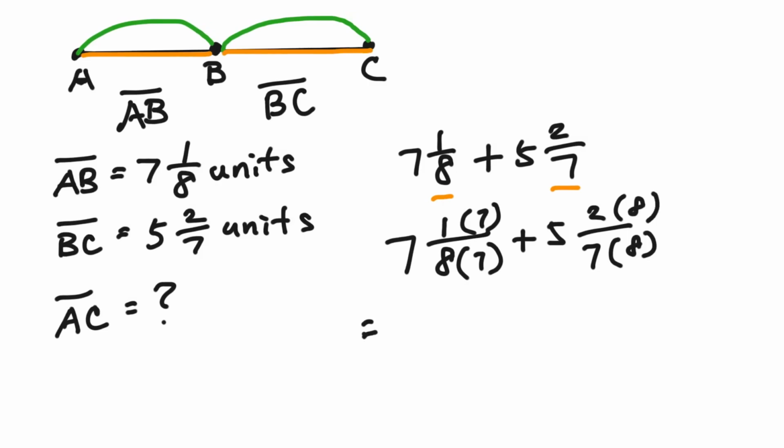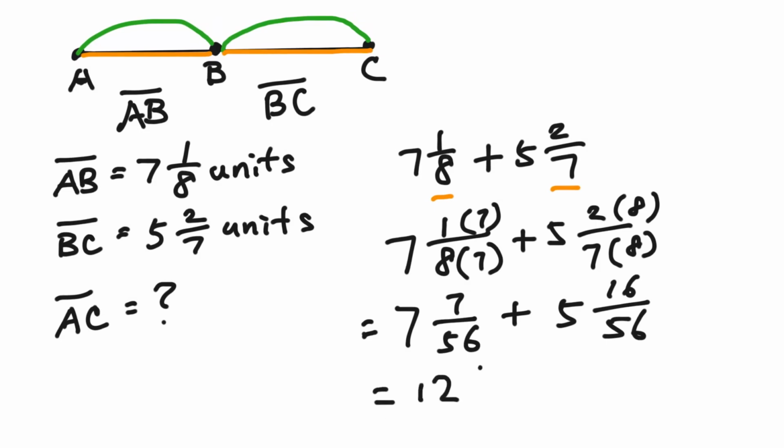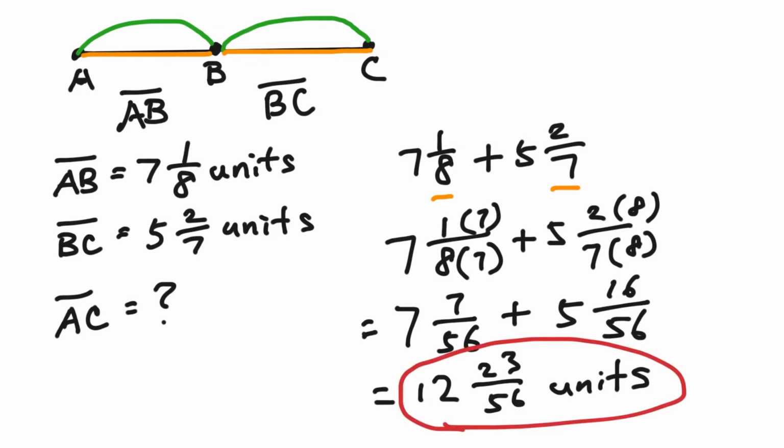And what we will get will be 7 7/56 plus 5 16/56. And the answer we will have is 12 23/56 units. Okay, so these are the examples of additions and subtraction of fractions and how to solve lines and segment questions.